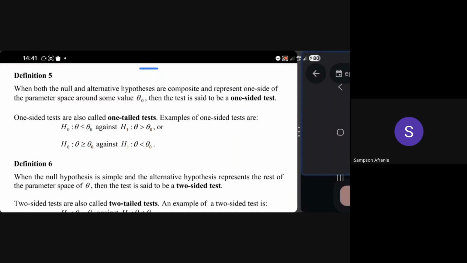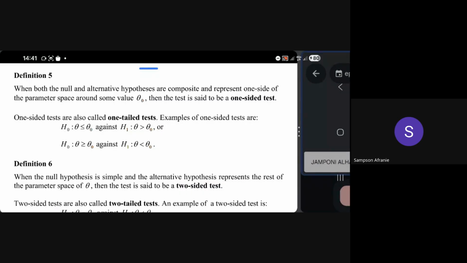So when both the null and the alternate hypothesis are composite, please take note, and represent one side of the parameter space around the same value, then we say the test is a one-sided test. So when it is around the same parameter, then we say that the test is one-sided.